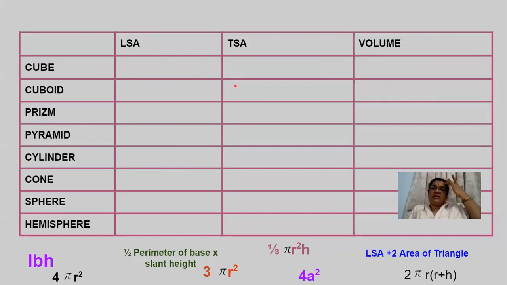And LSA, you should not confuse between lateral surface and total surface, and volume also. You should have a clear idea what is the LSA, what is the TSA and what is the volume of three-dimensional figures. And this differentiation you should know.